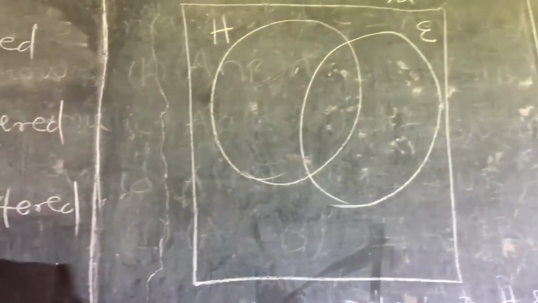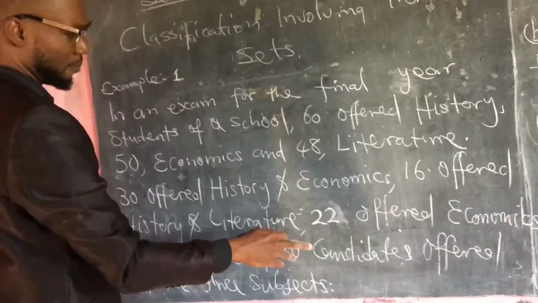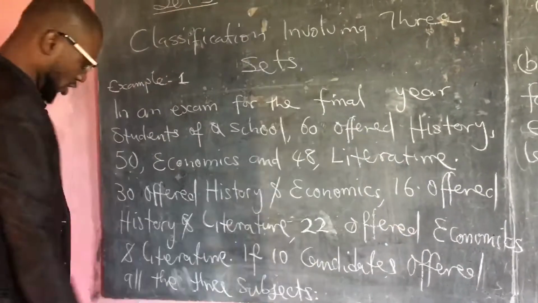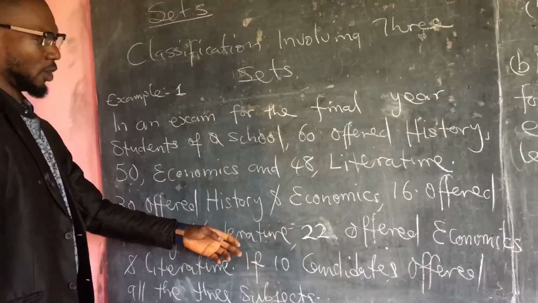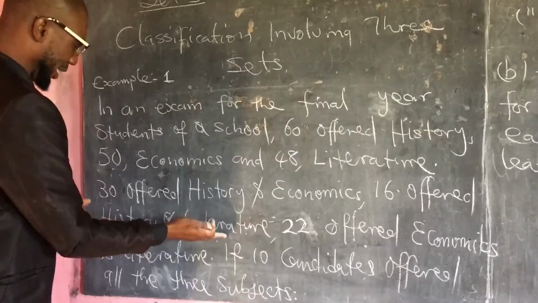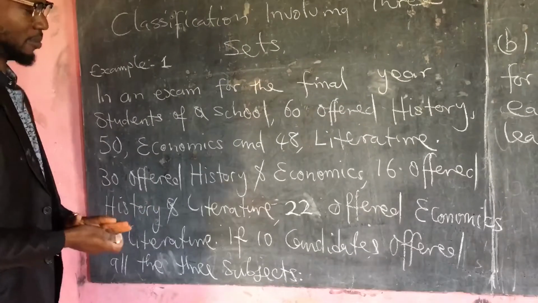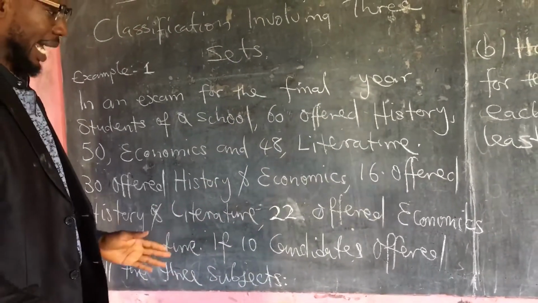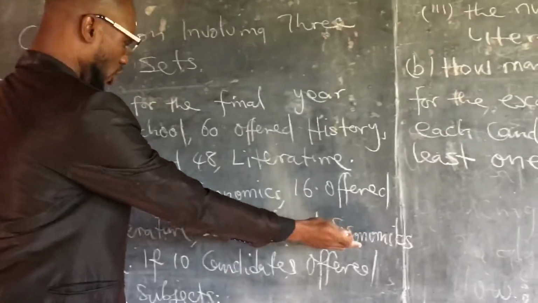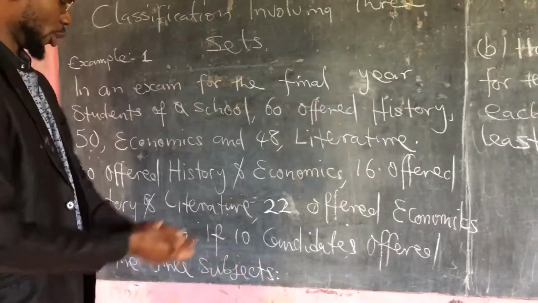Again, for the question, they say 16 offered history and literature. So there is an intersection between history and literature too, so their circles will join. And after that, economics and literature also intersect, so they will join.